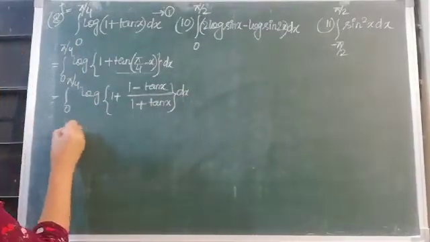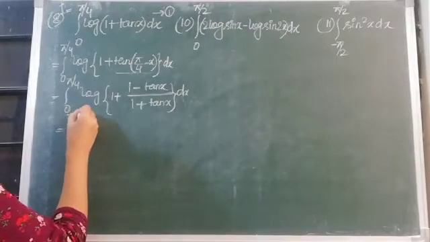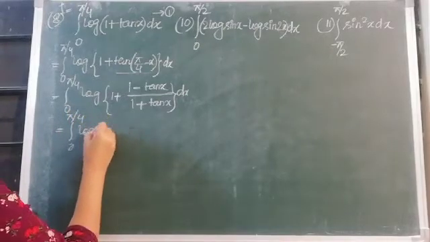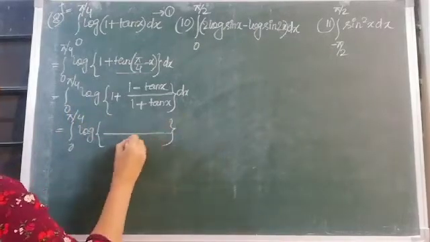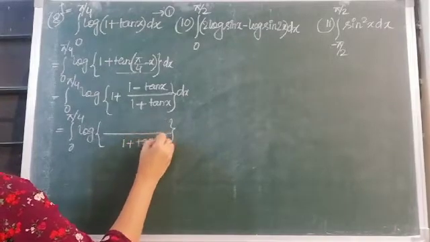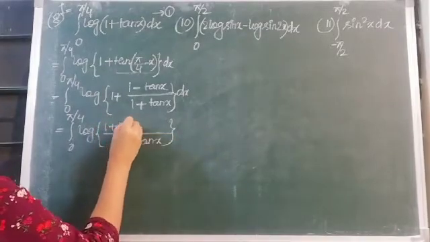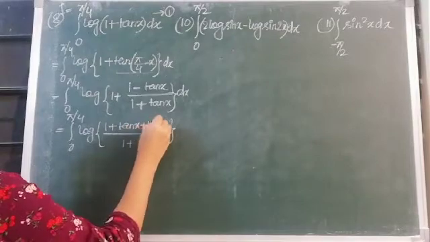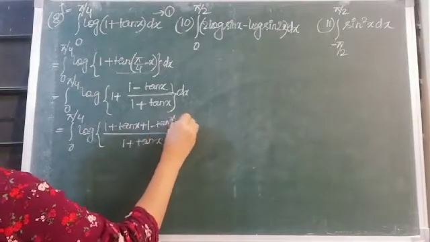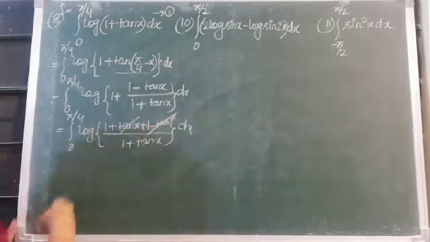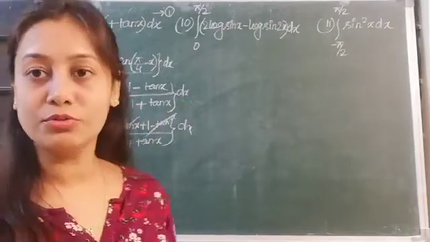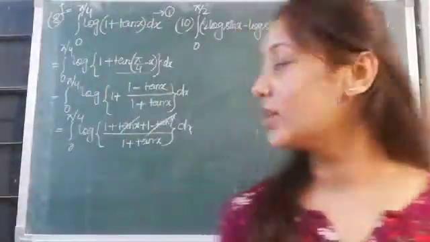Now you take LCM. After taking LCM, the denominator is 1 plus tan x and the numerator will be 1 plus tan x plus 1 minus tan x. Here plus tan x minus tan x will get cancelled. So you'll get log of 2 divided by 1 plus tan x.